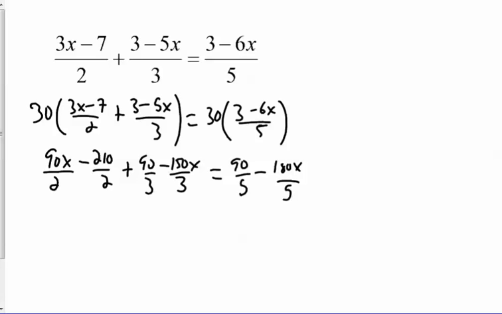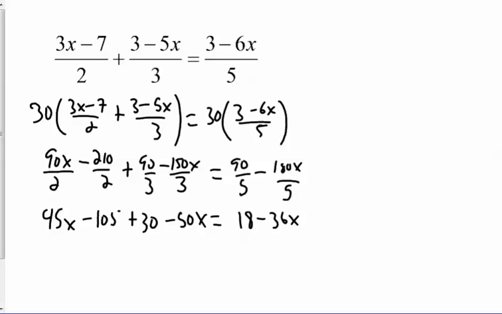What does that do? That breaks this first one down to 45x. I believe this makes it negative 105. I think that's a plus a 30. I think that's going to be minus a 50 with the x coming down. And then 90 over 5, I believe, is 18 minus 36x.